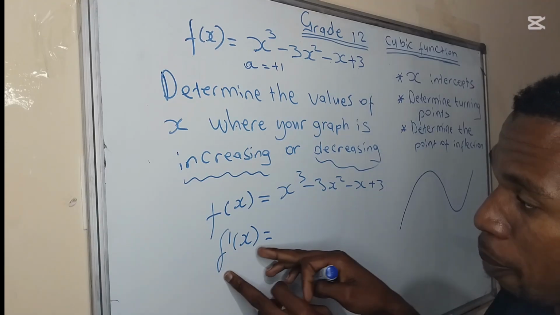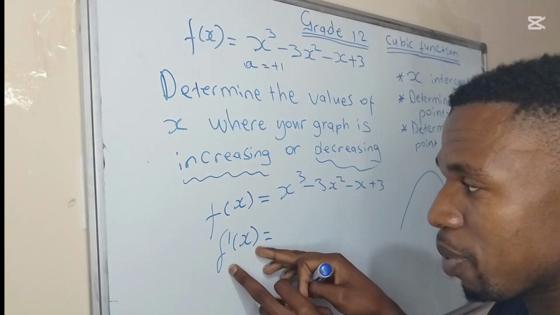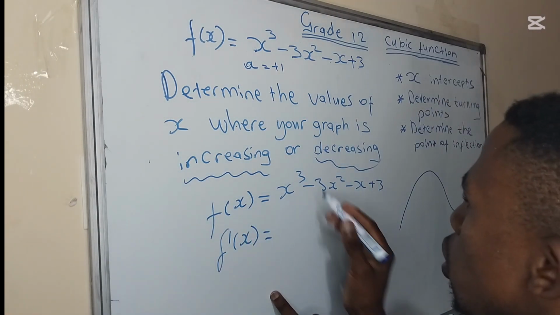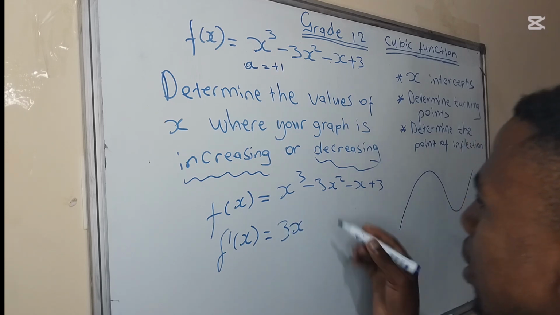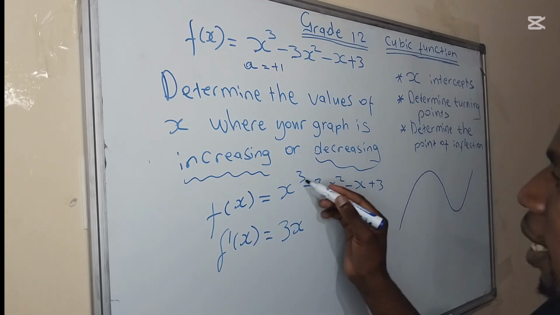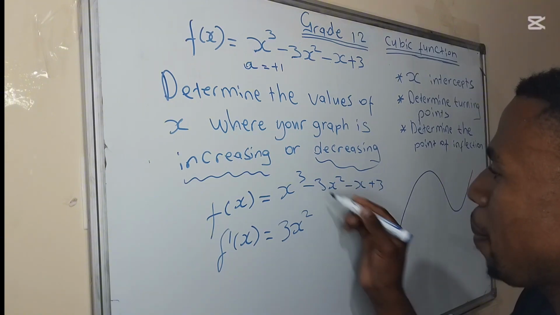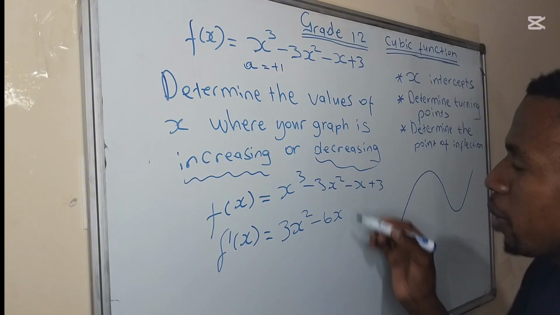So we have our f prime. This sign symbolizes the f prime, which is the first derivative. We have 3 multiplied by 1, which is 3. Then you put your x, subtract 1 from this exponent, 3 minus 1 is equal to 2. Then 2 multiplied by negative 3 is negative 6. And then you put your x, subtract 1 from the exponent.